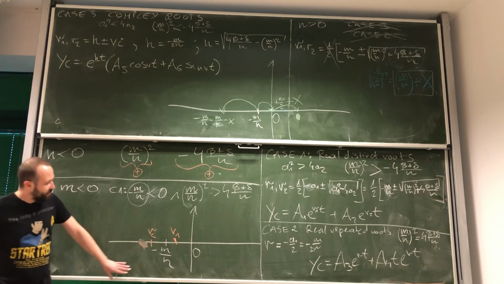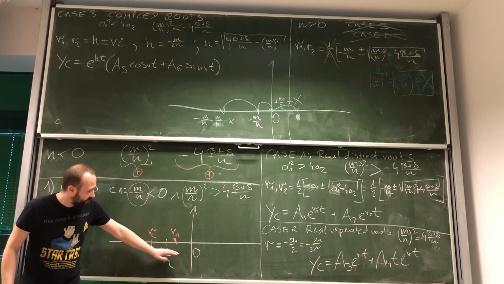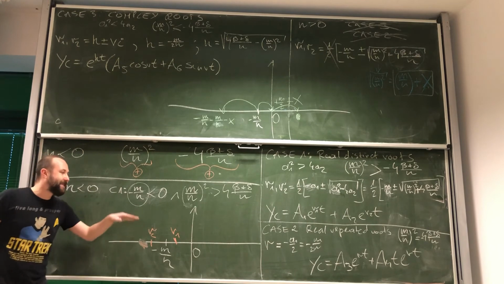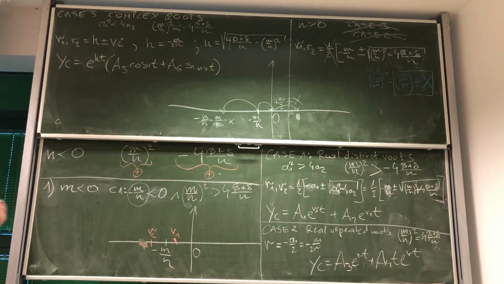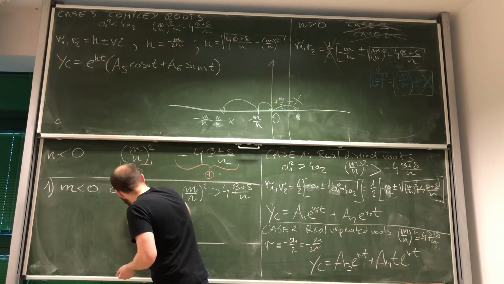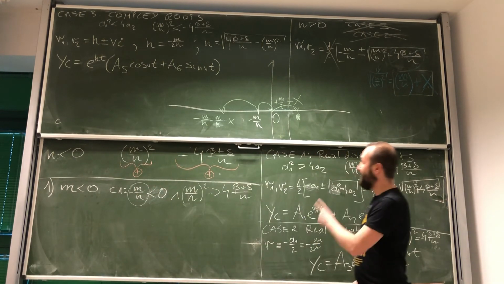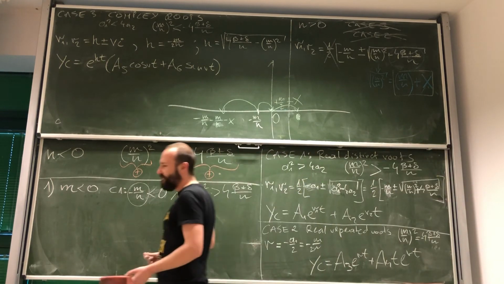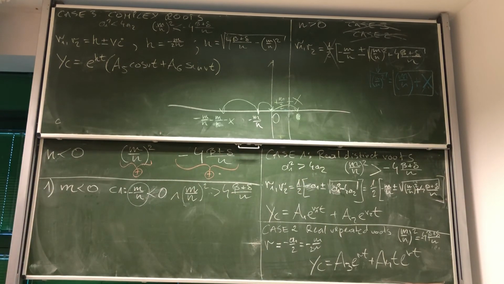Right? We see that the bigger root is going to be still below 0, and the smaller root will definitely be below 0. So, what this implies is that in this case, we will definitely have dynamic stability.